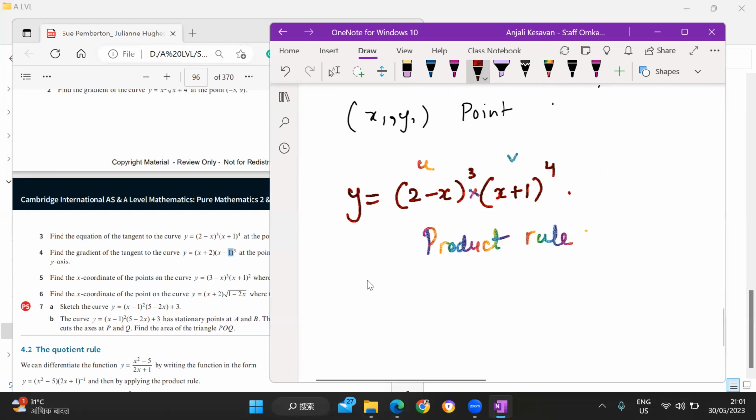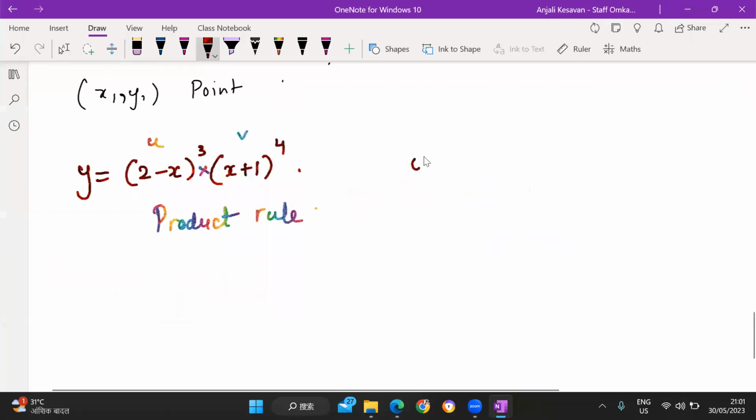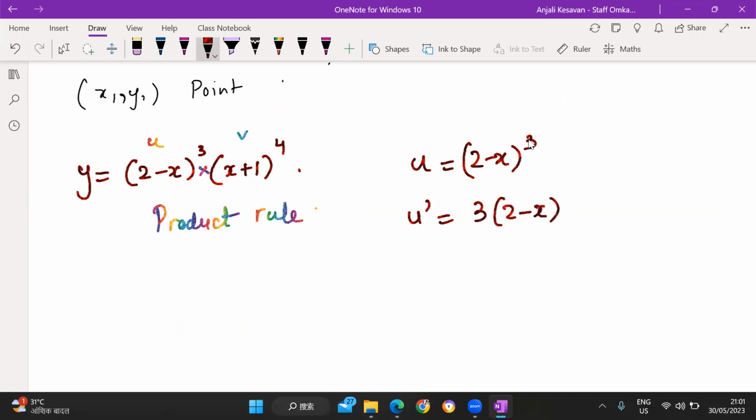So what is u? u is equal to (2 minus x) the whole cube. You can differentiate it instantly. So it will be 3 times (2 minus x) raised to 3 minus 1, which is 2, times the derivative of 2 which is 0, and the derivative of negative x which is negative 1.